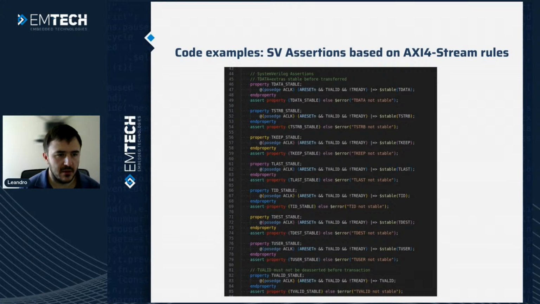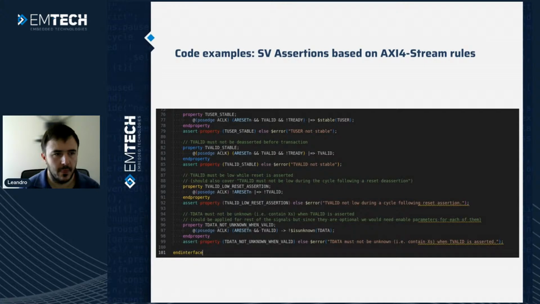So I'm pretty much telling, okay, if this is not in reset and the valid is asserted, but there's no ready, next cycle the signal has to stay stable. The last couple of ones are related to the reset for the valid.